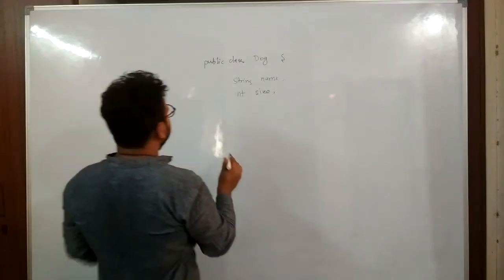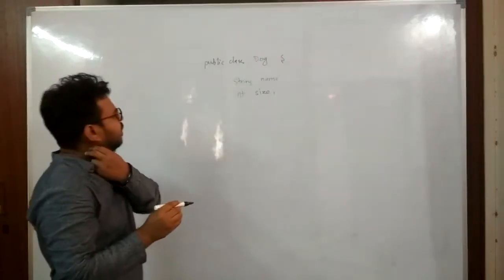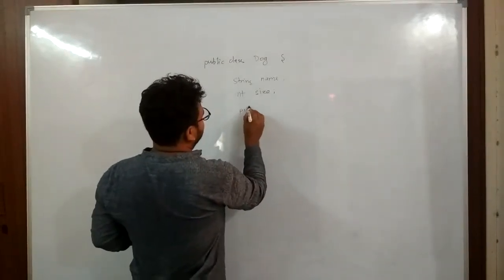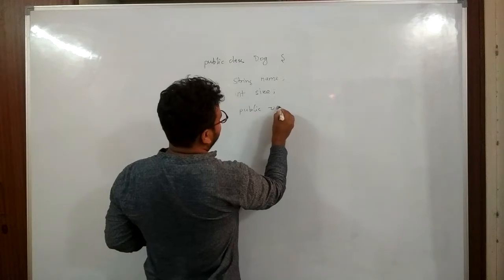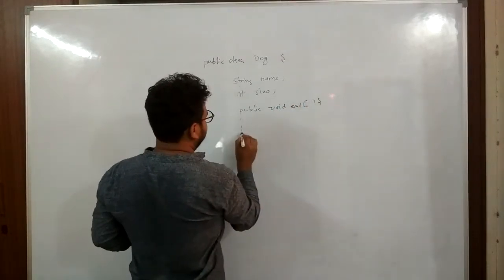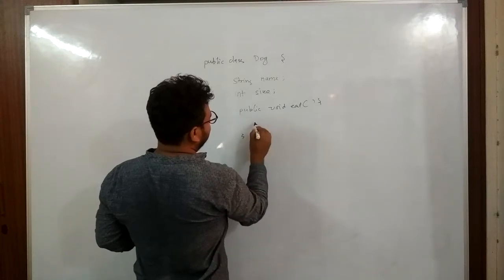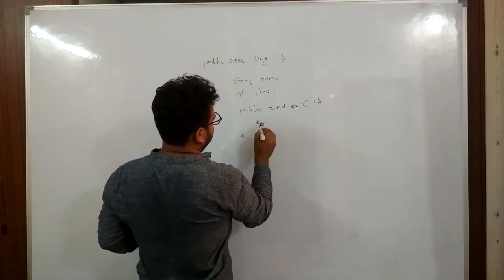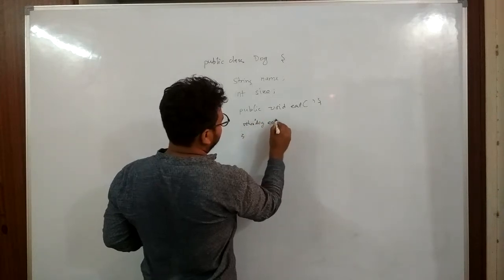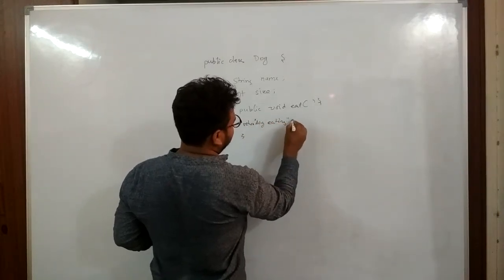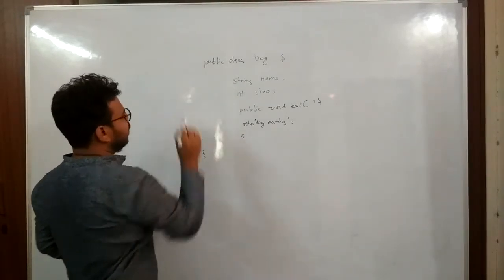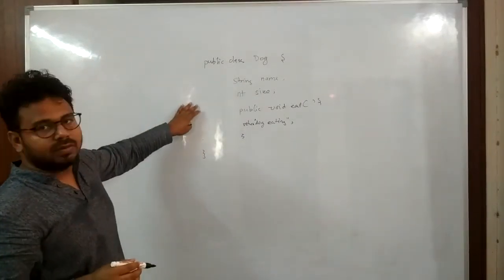And we have a simple method, public void eat, which returns "dog eating" as a string, and then our class is closed here.